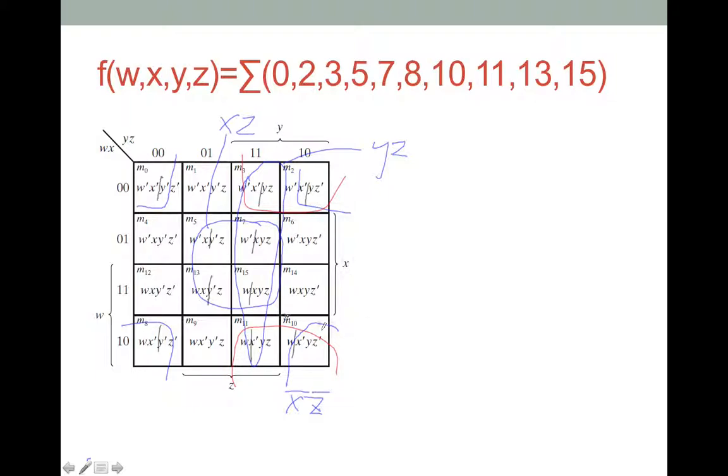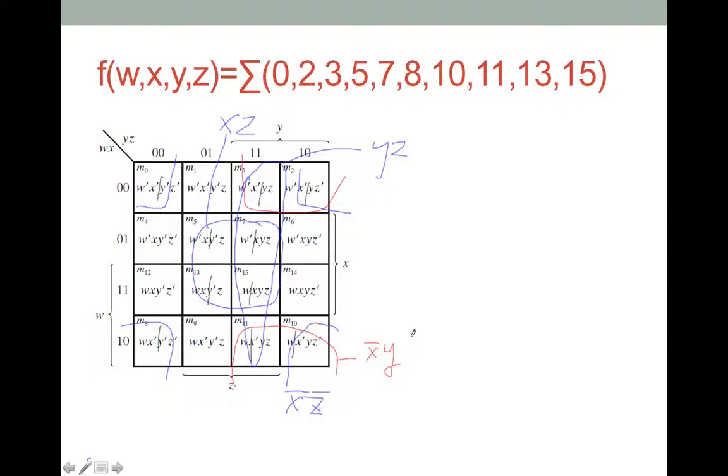So this is a prime implicant as well. And the expression for this is: vertically w changes, but x does not change, with 0 value. Horizontally y does not change, but z changes. So this is the expression for that prime implicant.